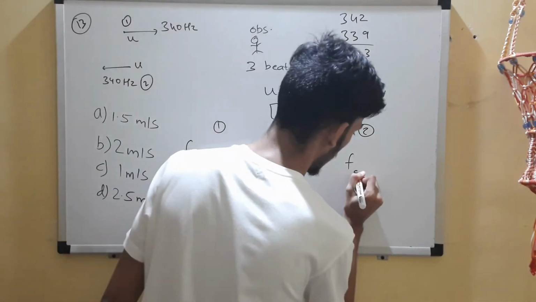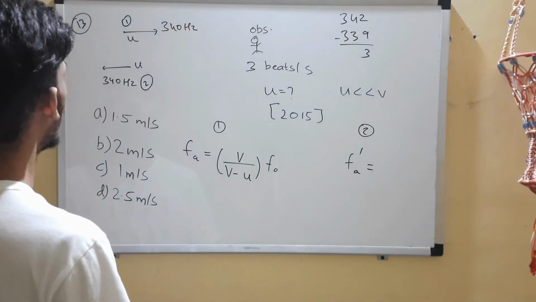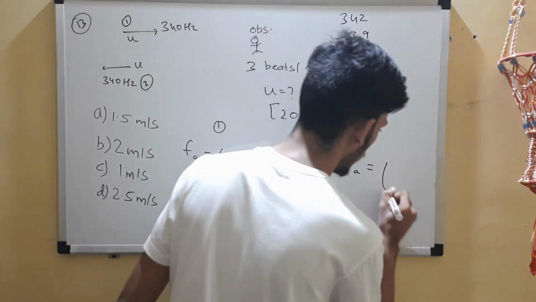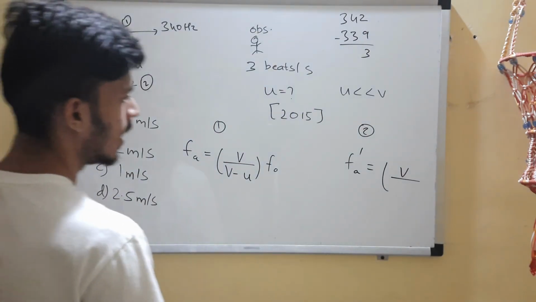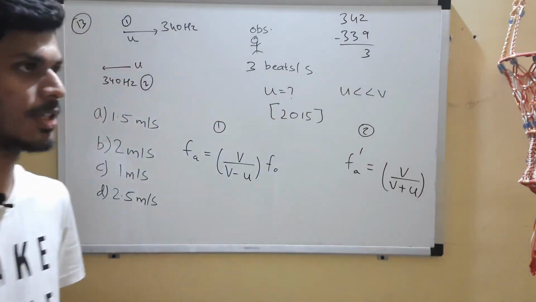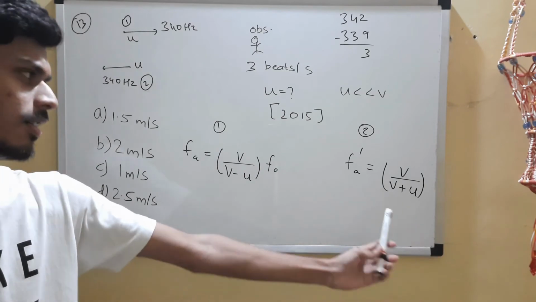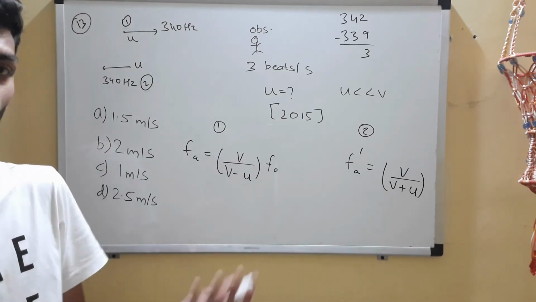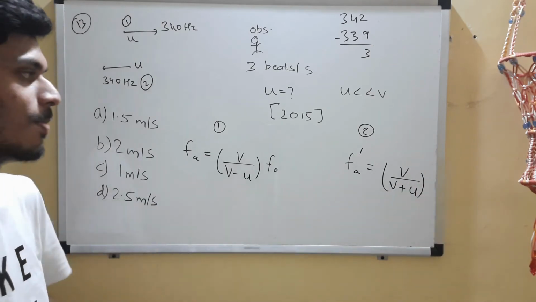In the second case, let's write it as f dash A. It will be V, observer at rest, so need not worry about that, and it will try to increase the denominator, right? So V plus U, because it's moving away from the observer, the apparent frequency will be less, right? It's moving away from the observer.